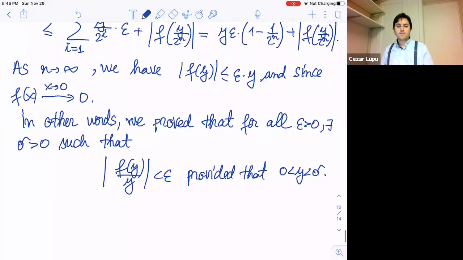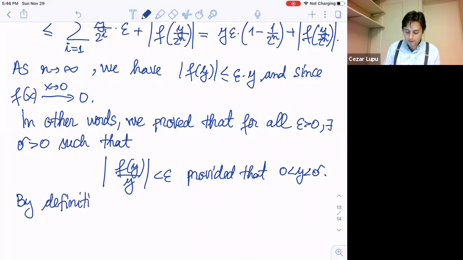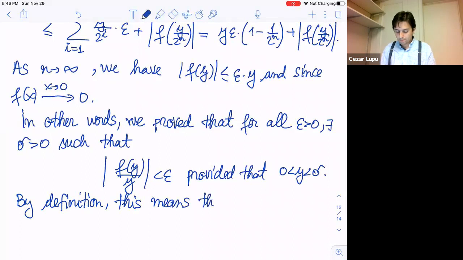Okay. But by definition, this means that f of x is little o of x. And we're done.